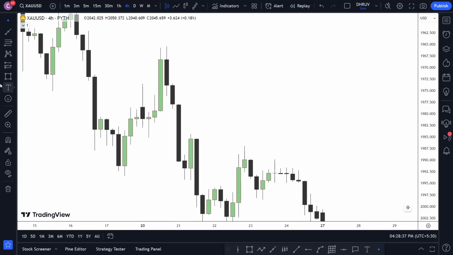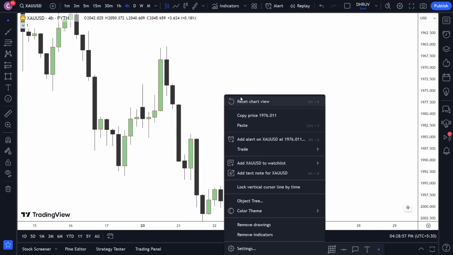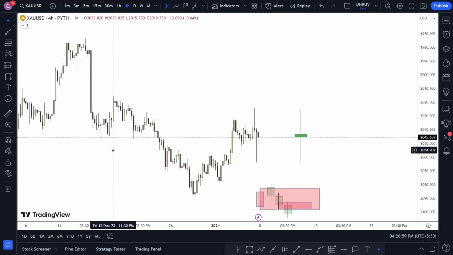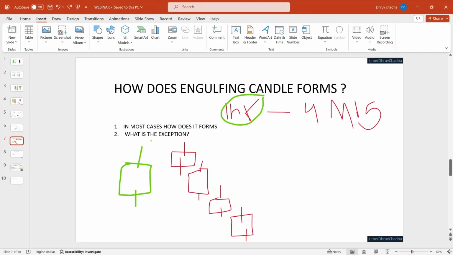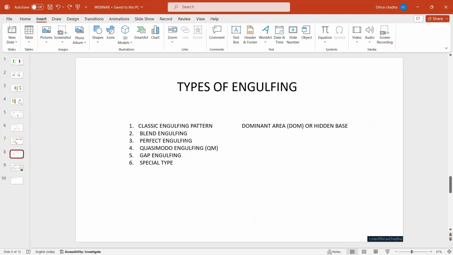Okay, here's the example. So it took two continuous bullish engulfing candles to take out the high of the bearish candlestick. So this is what we call blend engulfing buy. Okay. So I have discussed the two types for now.